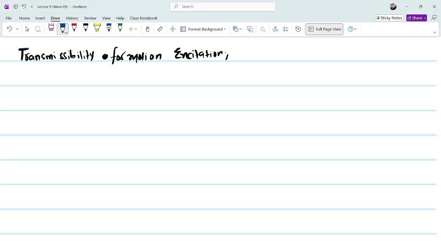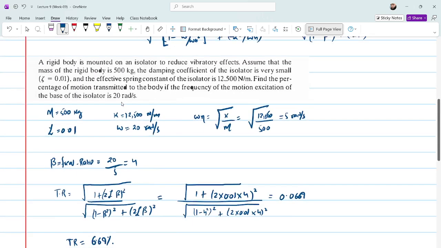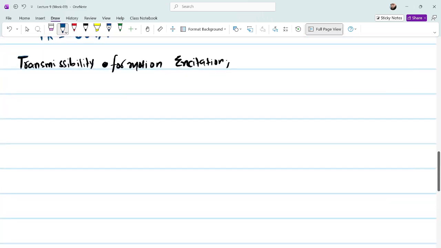So in the mechanical system, as we have seen earlier, the motion of the body is in the vertical direction only. Let's assume, I'll just redraw the system here.